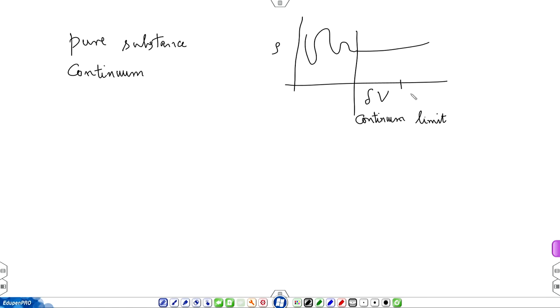So, somewhere here would be 1 mm cube. 1 mm cube is huge compared to the continuum limit. That limit of course is material specific. It turns out to be very small. So, from the engineering viewpoint, even a small element of the fluid is well beyond the continuum limit.